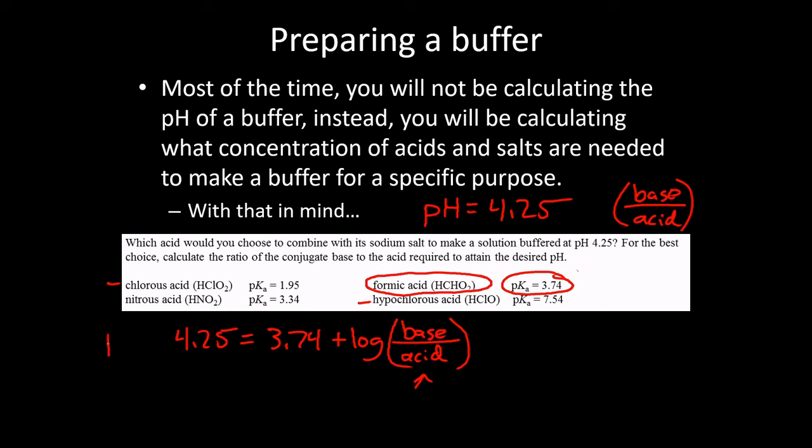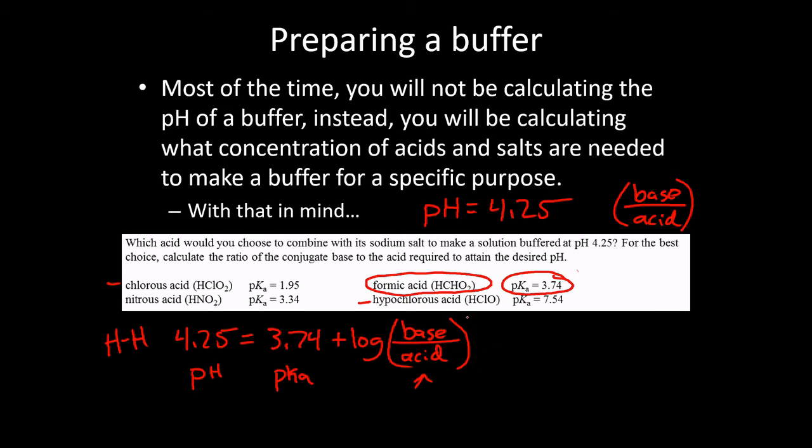So again, this is the Henderson-Hasselbalch equation I have written out here. We have the pH, which was given in the problem, 4.25, is equal to the pKa, which we picked out of the list, plus the log of the base over the acid, and that ratio is what we're trying to find.